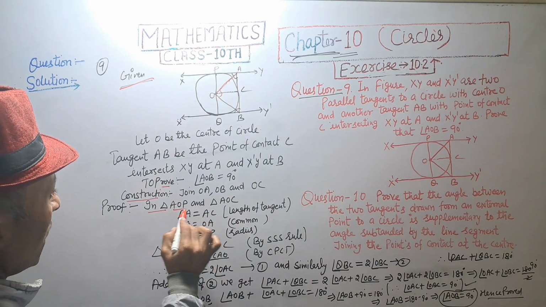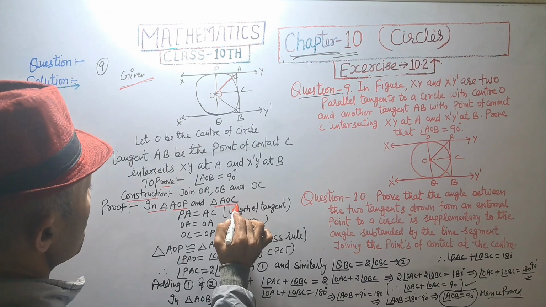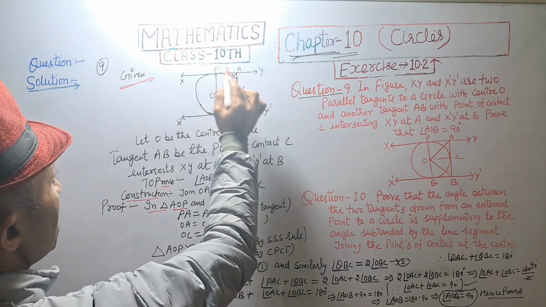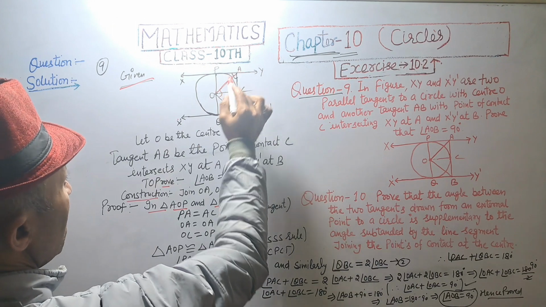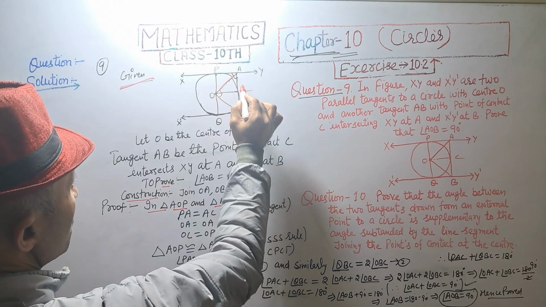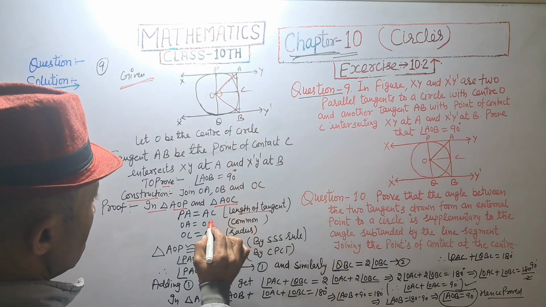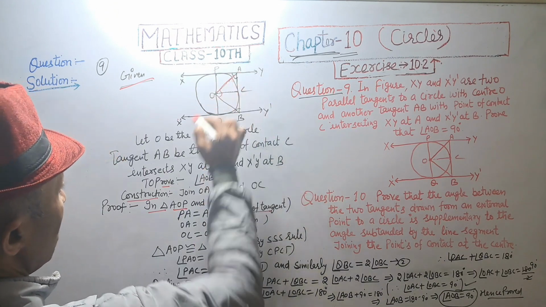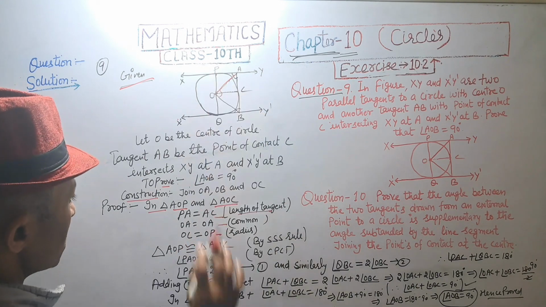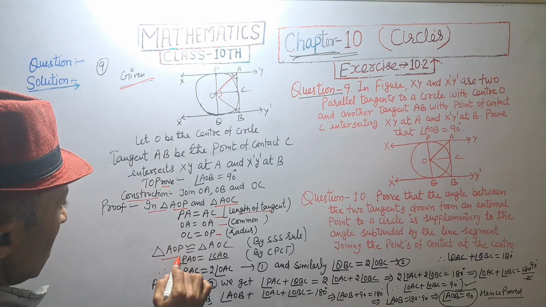In triangle AOP and triangle AOC, length PA is equal to AC, lengths of tangents, OA is the common side, OP is equal to the radius of the circle.